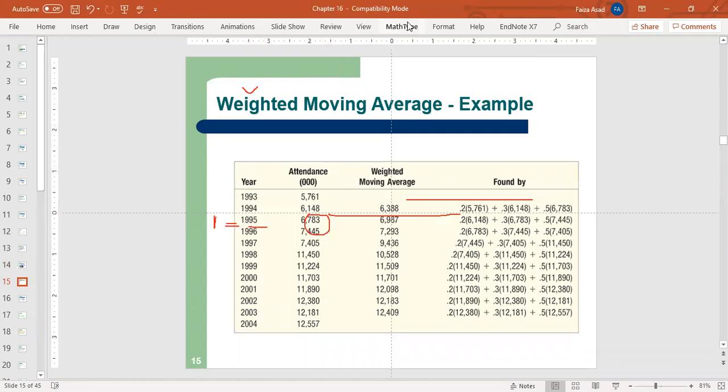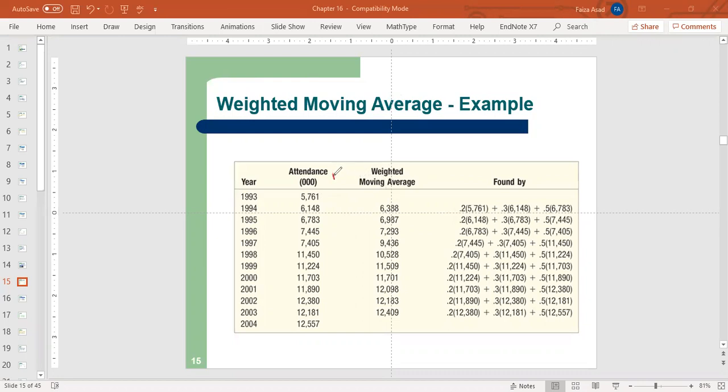I think that the calculation of moving average is not given over here. So I'll describe the calculation or the solution for the moving average first.